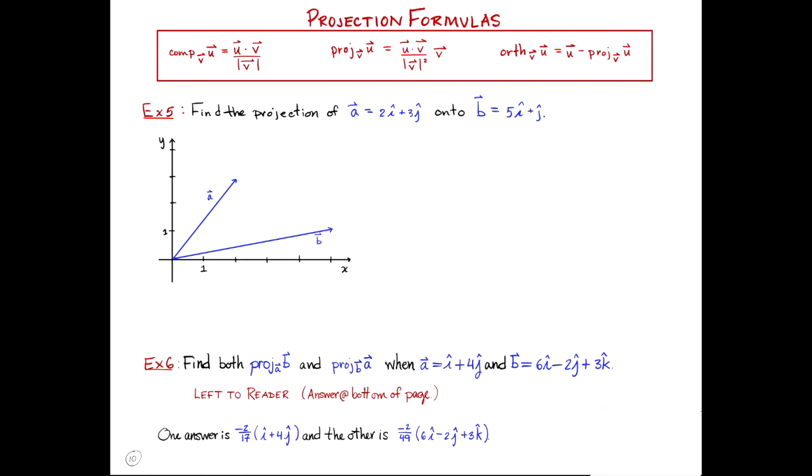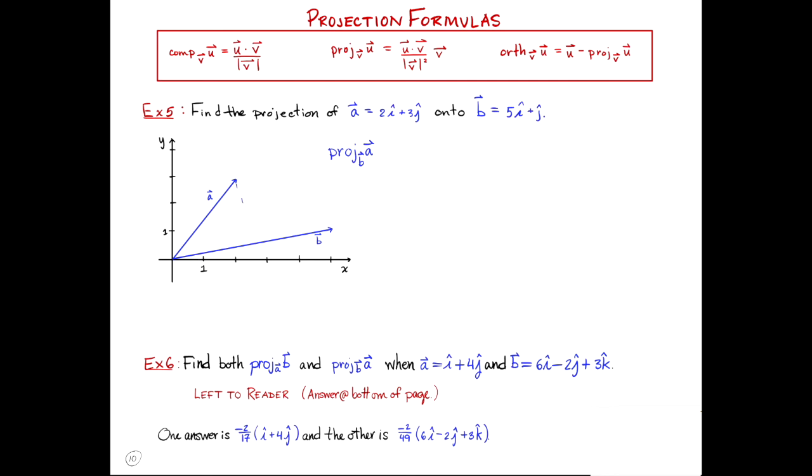Let's find the projection of our vector 2i plus 3j onto the vector b, which is equal to 5i plus j. To find our projection vector, let's start with our formula in terms of our vectors a and b instead of u and v. We have the projection of a onto the vector b.